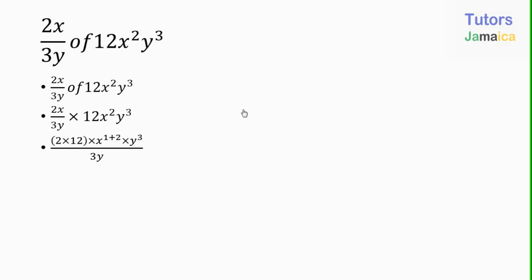And what we do, we change that to one huge fraction because it's easier to deal with fractions, and we group the like terms. So at the top, what we have is 2 and 12, so we group those together, so those will multiply each other. Then we have the x's, so we're going to add the indices.